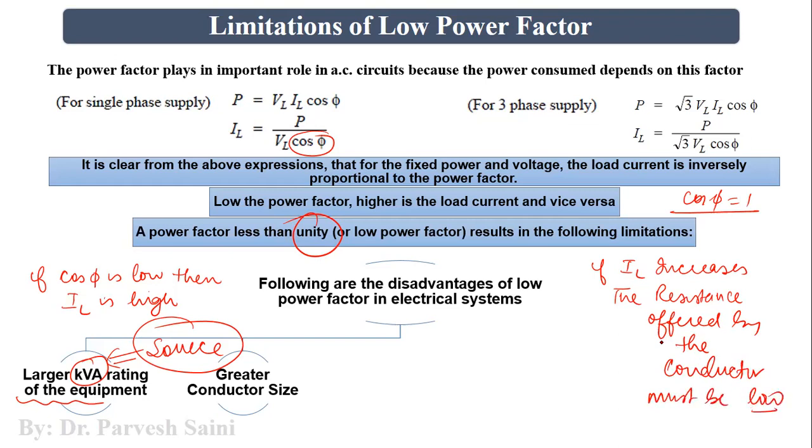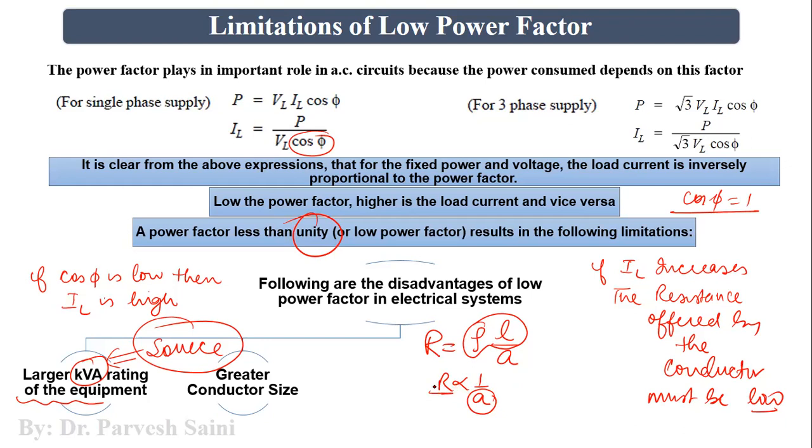So we have to keep a low resistance of the conductor. Now how will we keep the low resistance? We have a simple formula, R is equal to rho L by A. So if rho and L are fixed, R is inversely proportional to A. So if the cross section is high, then the resistance will be low.